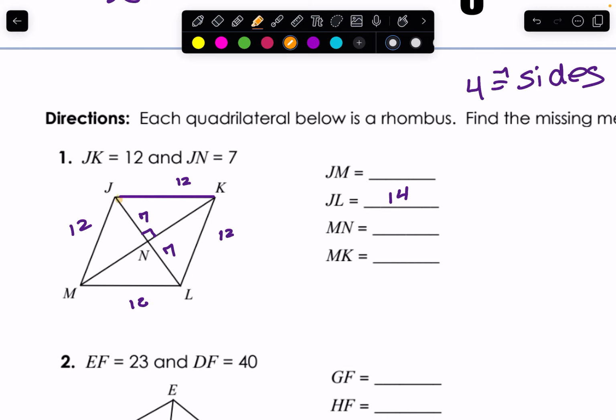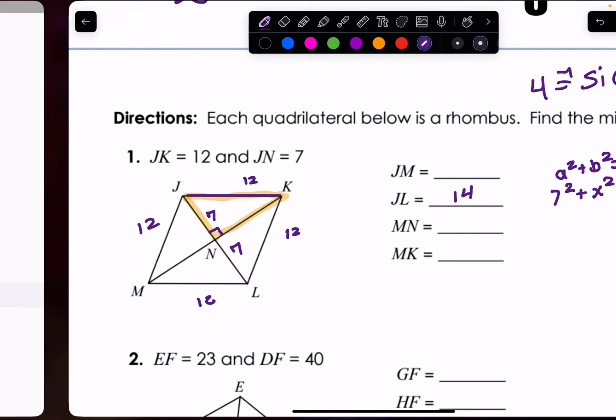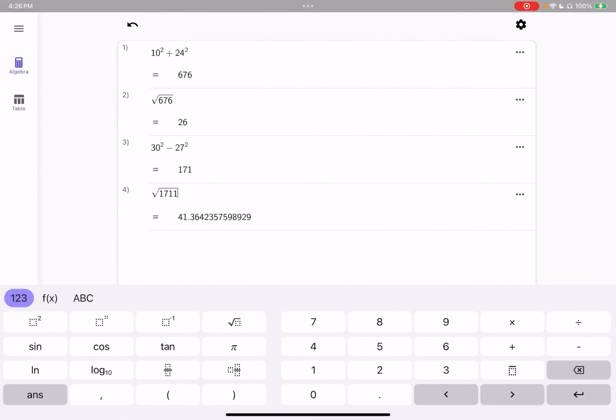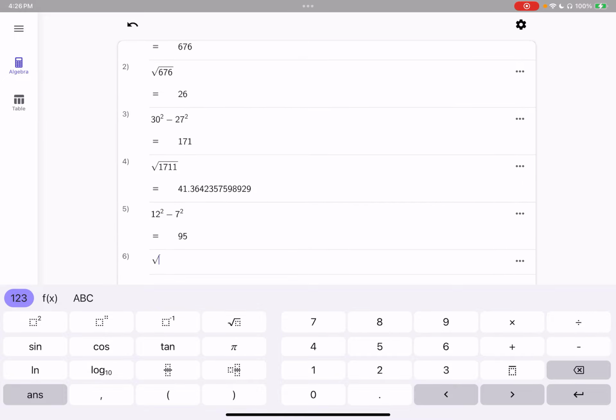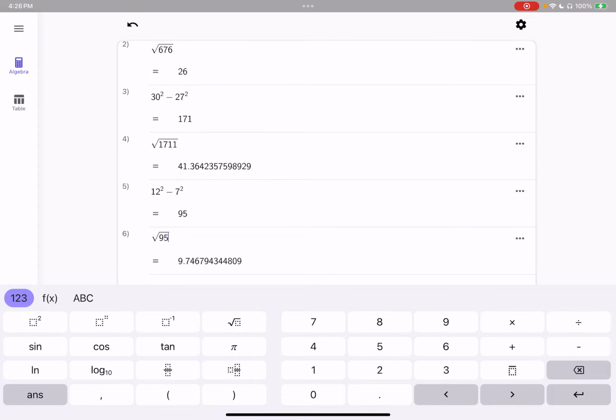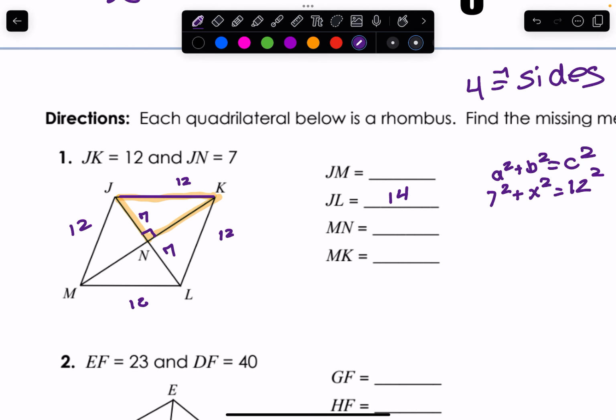This is where the Pythagorean theorem is going to come back. A squared plus B squared is equal to C squared. A is 7, and I don't know what B is. So we're going to do 12 squared minus 7 squared, and we get 95. The square root of 95 we're going to round to 9.7.